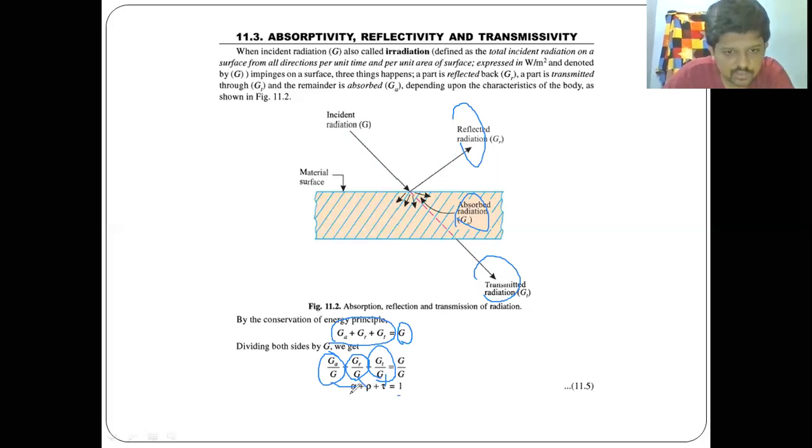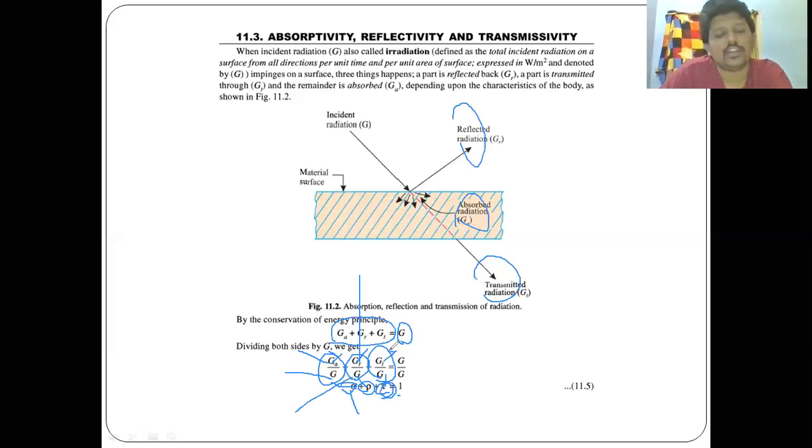Now this alpha is defined as absorptivity, which is related to absorption. This rho is defined as reflectivity, which refers to reflection. This tau is defined as transmissivity, which is related to transmission. That means absorptivity is the ratio of the energy which is absorbed to the energy which is incident. Reflectivity is the ratio of energy reflected to energy incident.